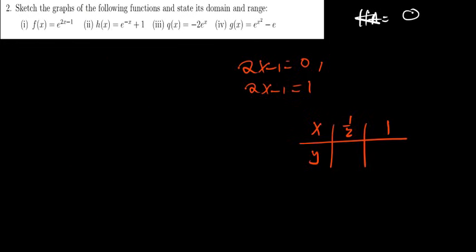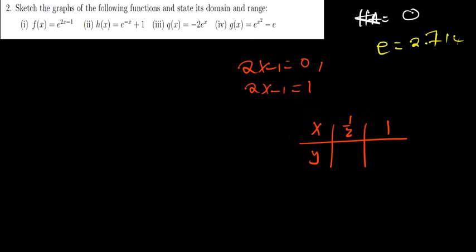Let's go ahead and find the values of y. The value of e, I want you to understand one thing. The value of e is approximately 2.7, I don't remember the other digits, but just know that it's approximately 2.7 something.